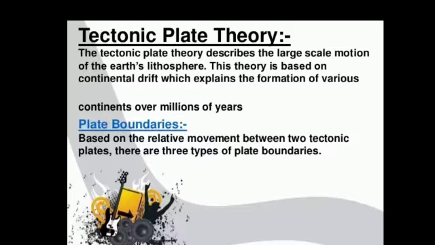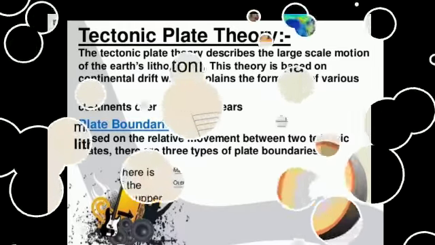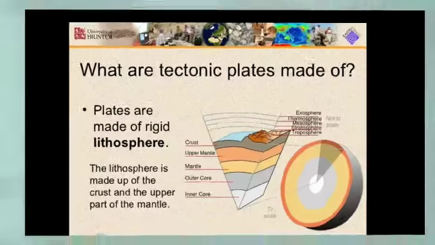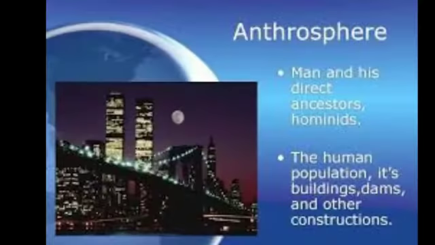According to this theory, the outermost part of the earth's interior is made of two layers. Above is the lithosphere, consisting of the crust and the mantle. Below the lithosphere is the asthenosphere.